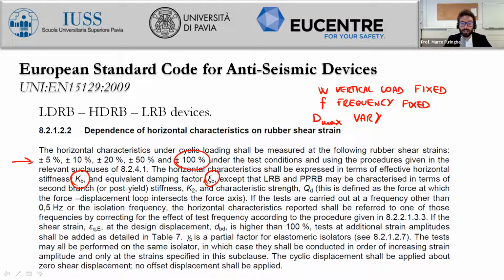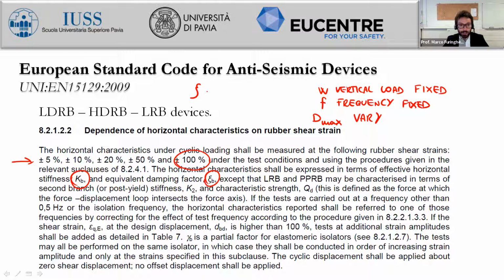And the equivalent damping ratio is the damping ratio computed according to the hysteresis area, as we mentioned yesterday, according to the Jacobsen formulation. We computed the expression for the equivalent viscous damping for a general hysteretic behavior, and it is something like that.